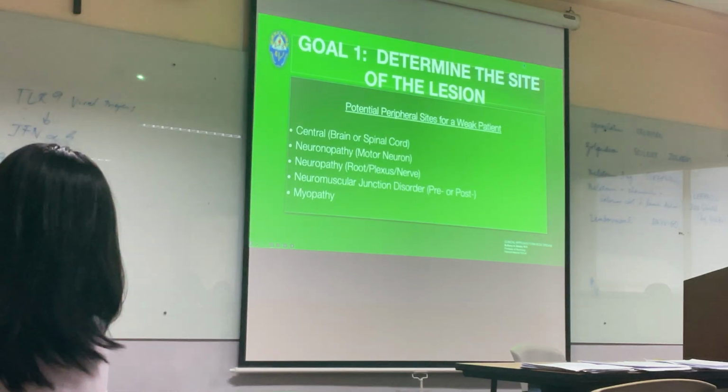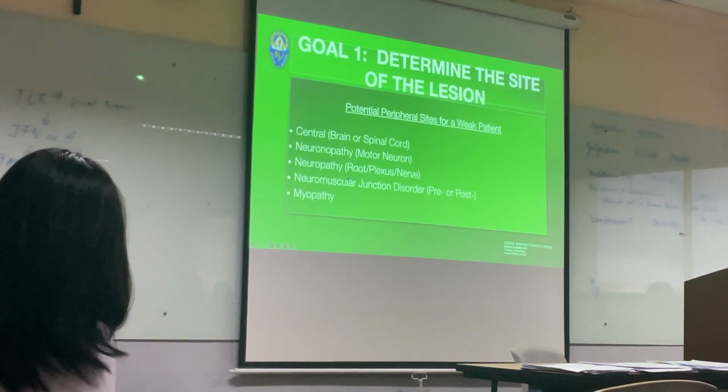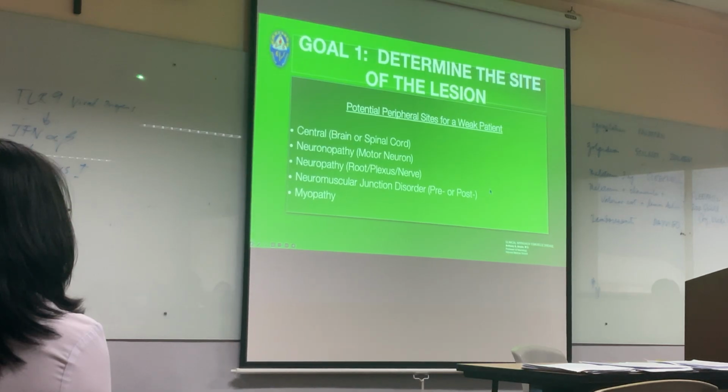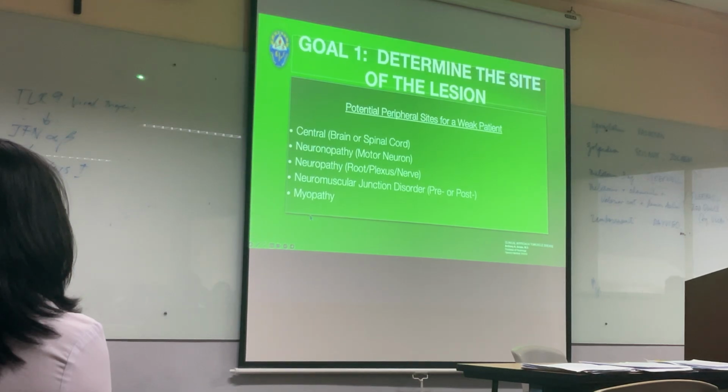As just mentioned by Dr. Gab, in myopathy you also look at the pattern of the weakness. Obviously, you don't expect hyperactive reflexes in myopathy. In myopathy, you also look for sensory deficits. There are none. Neuronopathy and neuromuscular junction disorders also have no sensory deficit.